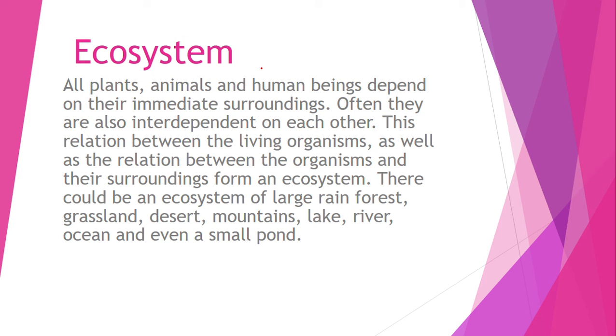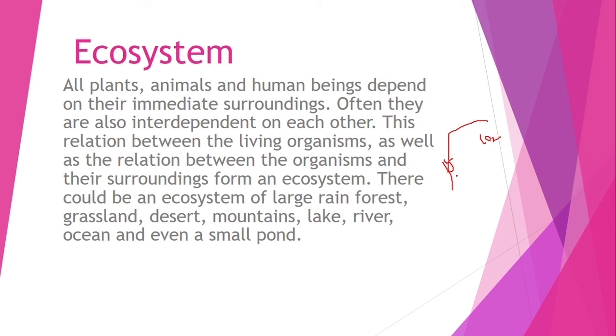Now the ecosystem. All plants, animals and human beings depend upon each other and their immediate surroundings. For example, we breathe out carbon dioxide. The plants need carbon dioxide for photosynthesis, so the plants depend upon us.